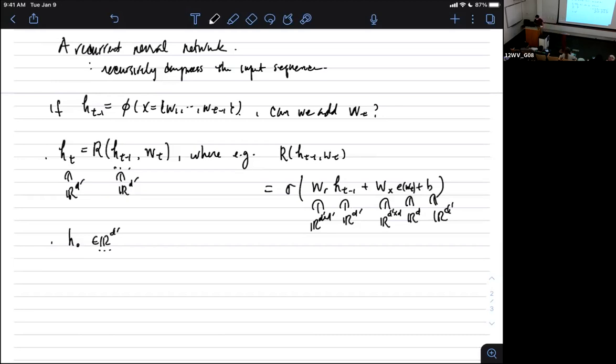Or, you can simply say this is just all zeros, a D prime dimensional all-zero vector. It's very tempting to think that the learned option is always a good idea. But it turns out, if you do some math, that these are actually equivalent. So it's just simpler to say, okay, all zero. That's all.